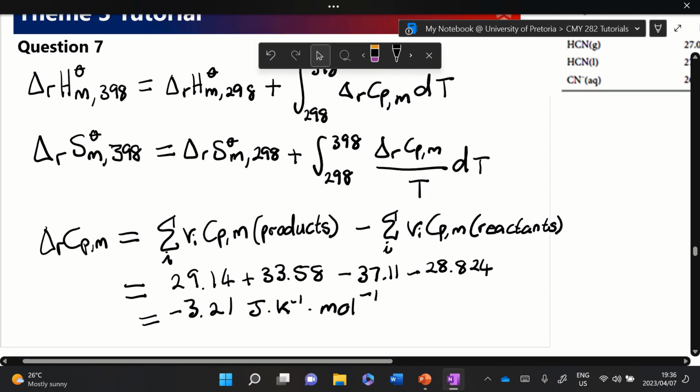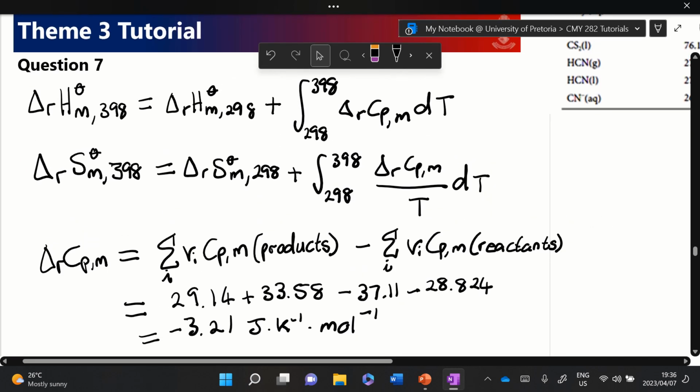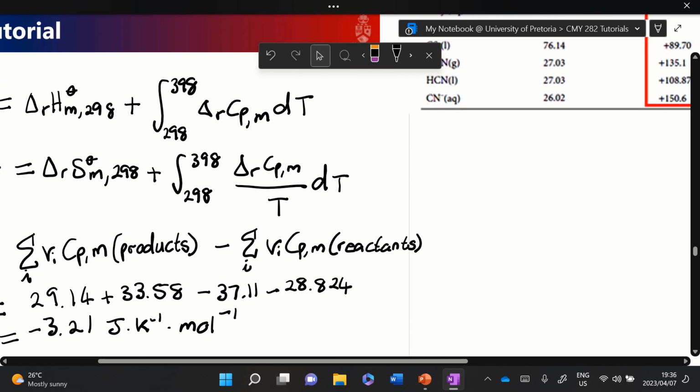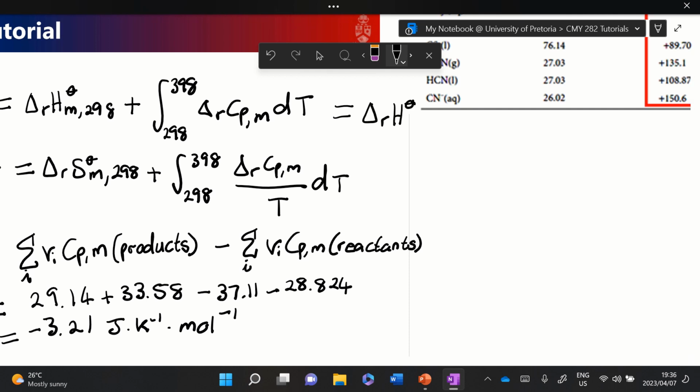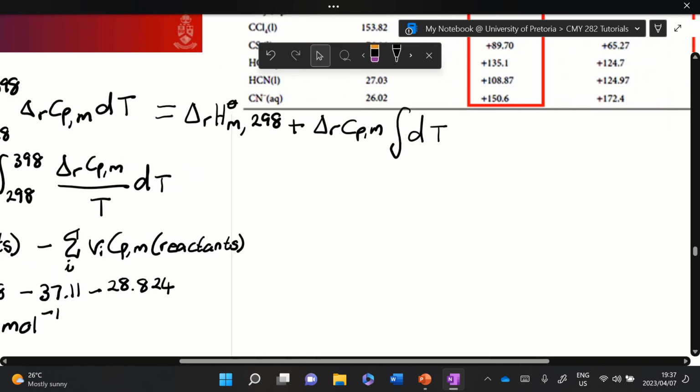We can actually just quickly do the integrations as well up top here. So this integration then becomes ΔᵣHm at 298 plus, if we assume this heat capacity is constant, then we can take it outside the integral, Cpm times the integral of dT.